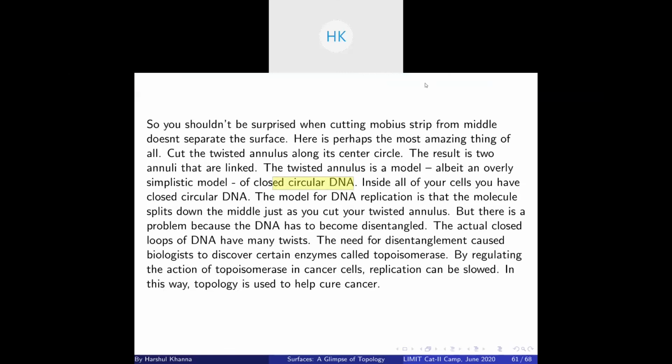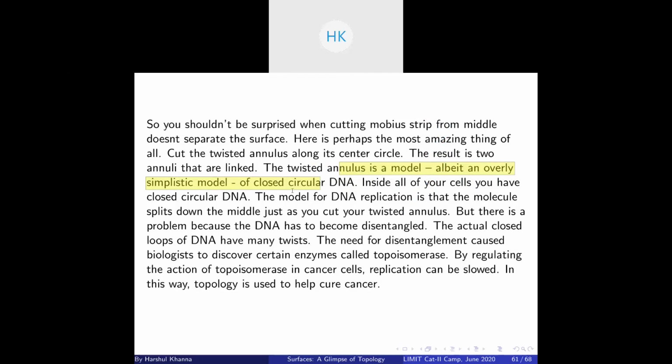If you have seen DNA, it is essentially like this, right? It has an annulus with many half twists in it. So the twisted annulus is an oversimplistic model of closed circular DNA.